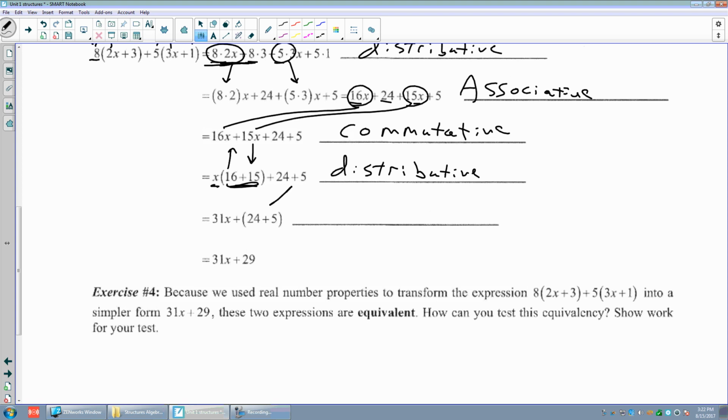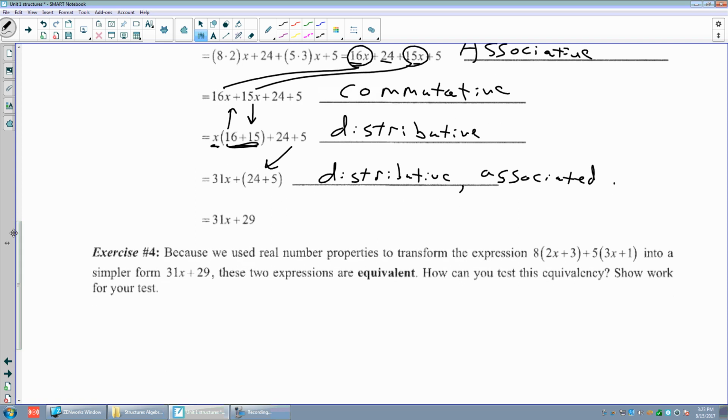But what really happened was there's a grouping symbol there. We can call it distributive and associative. So the first thing we did is we distributed and then we associated. No property, combined like terms.